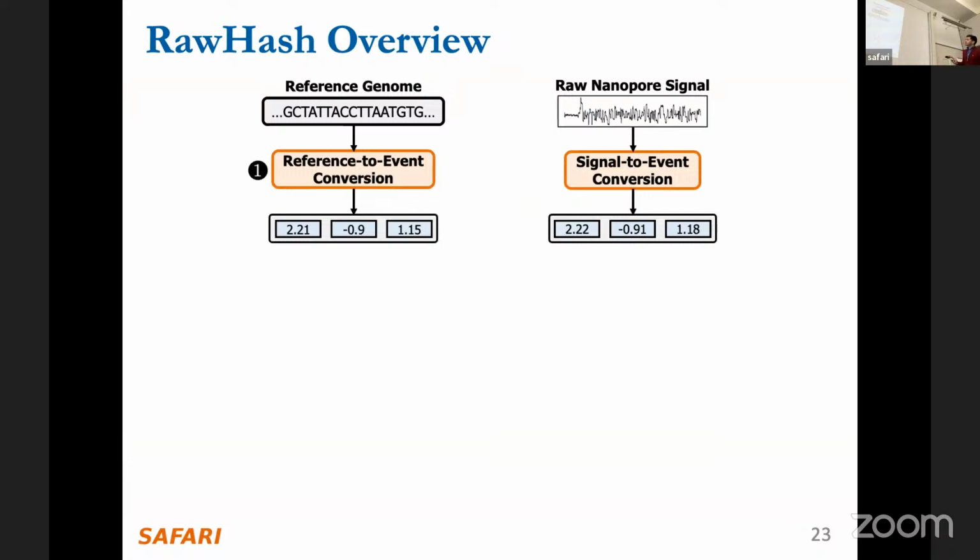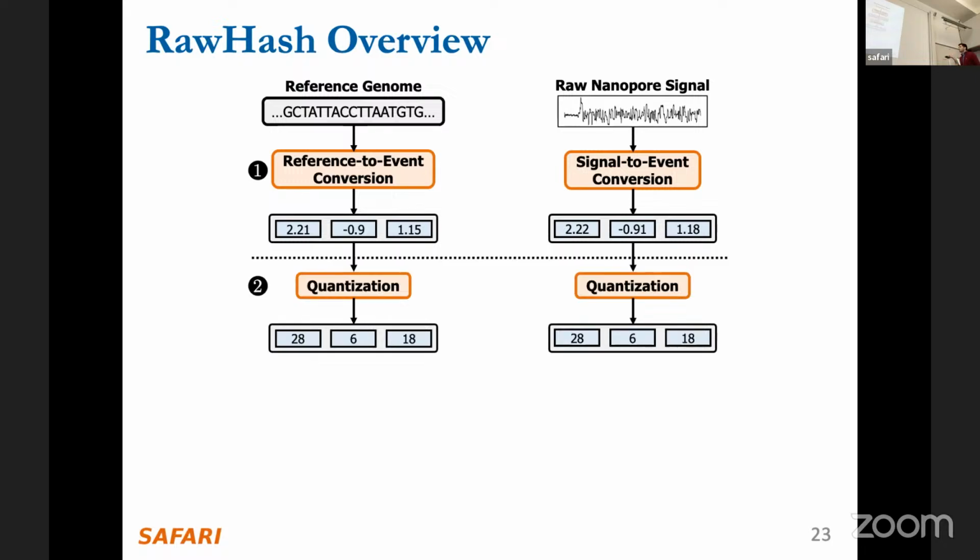How it starts is, first, it converts the reference genome and the signal to events. Remember, we covered the notion of events. We can convert both the reference genome and the raw signals into series of event values. These are somehow averaged signal values.